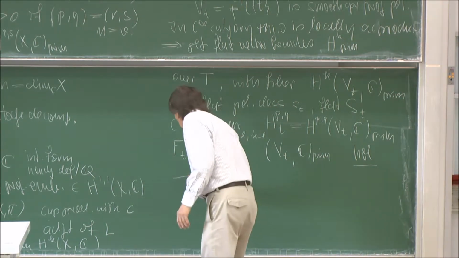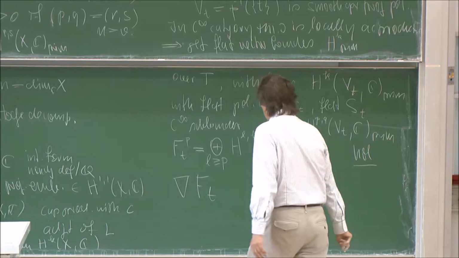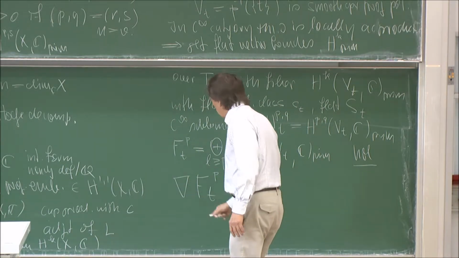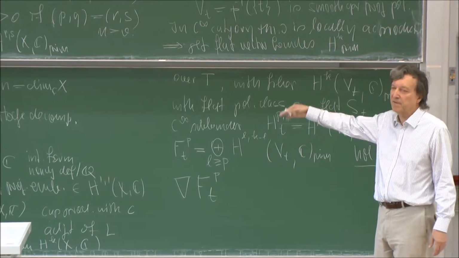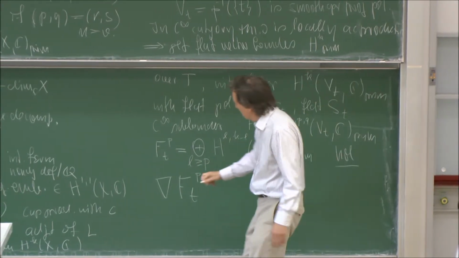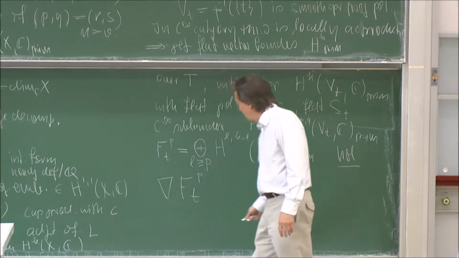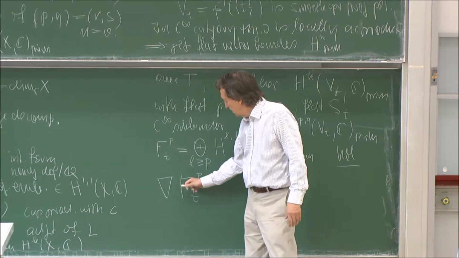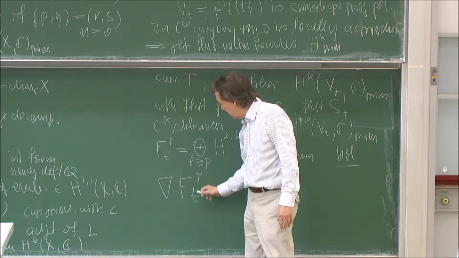And if one looks at the derivative, so we have a flat connection, that means we have a flat bundle, so there's a flat connection. So this can be applied to any vector. And so what happens when one applies differentiation of first order to F^p?